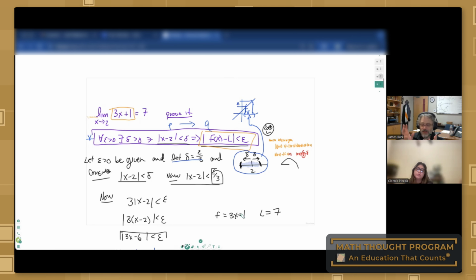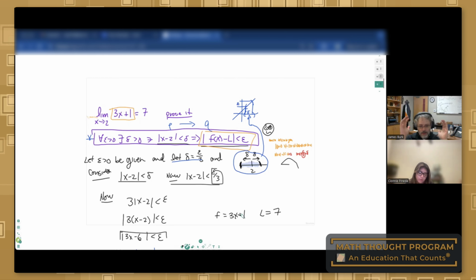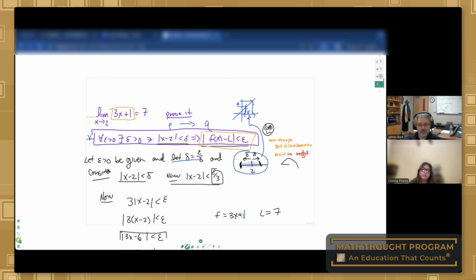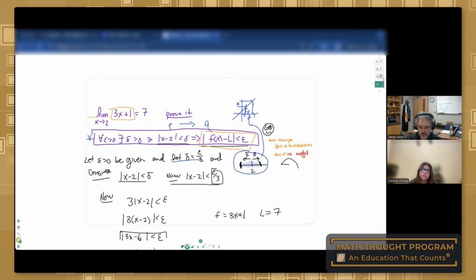As soon as you figure out how small that interval, the open ball, the x minus 2 in this case, you're going to then use that and get to the f minus L. You have to show the conditional statement is true to show the limit.